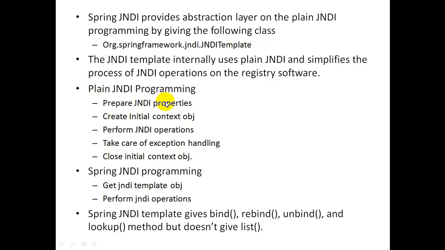We have to prepare the JDBC properties, first step. Then we need to create an initial context object class respective to every server we are working on. Then perform JDBC operations, then take care of the exception handling, and close the initial context. So these are the 5 basic steps we need to perform if we want to work with plain JDBC programming. Now if we work with the Spring JDBC, what are the steps we need to do?